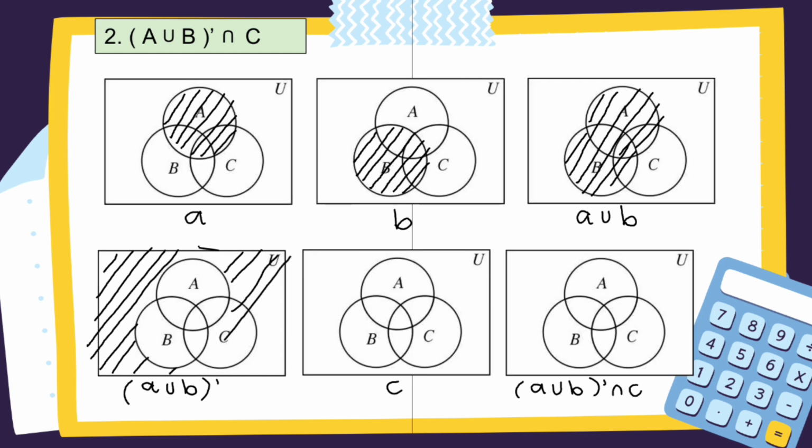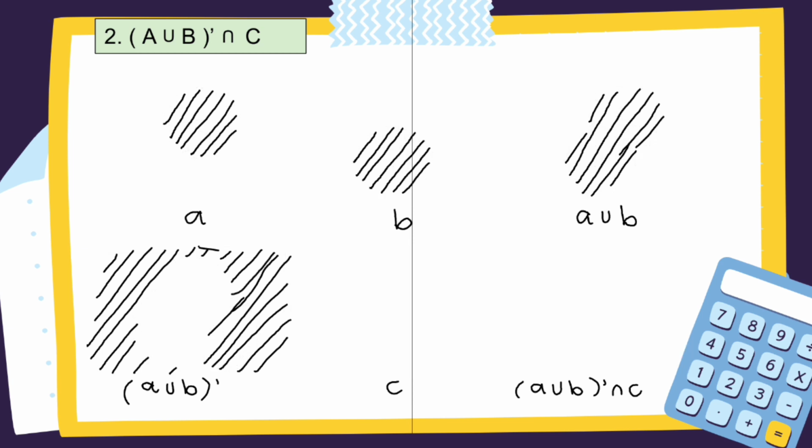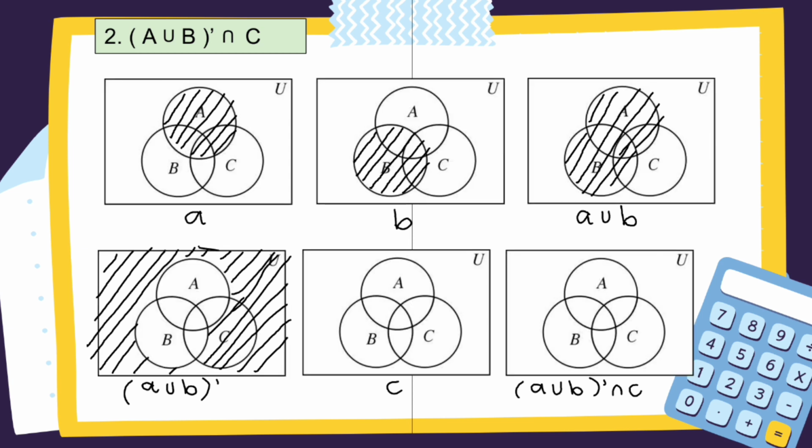Only this part and this part in C, not the whole C, but I think just half, the part surrounding the diagram. And the fifth box, the C. Only the C circle will be shaded. And the sixth box, the last box, the complement of union A and B intersection C.